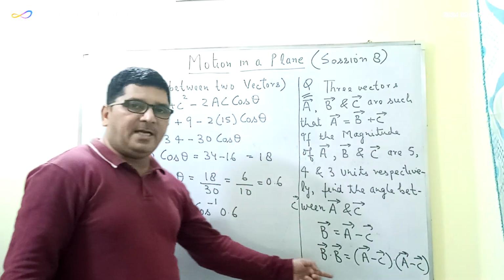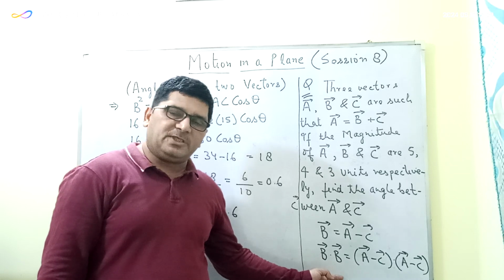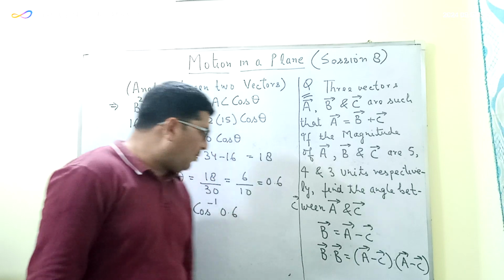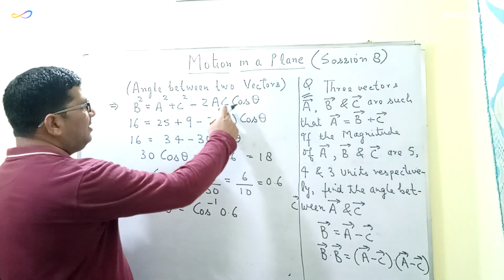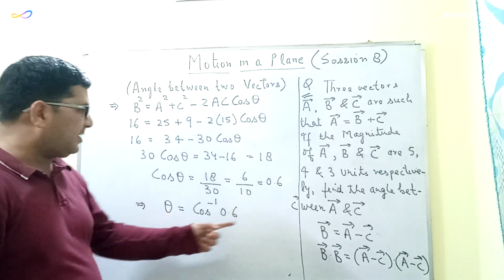After that, we used the properties of the scalar product of two vectors, and by using them we were able to find the value of cos theta, where theta is the angle between the vectors A and C.